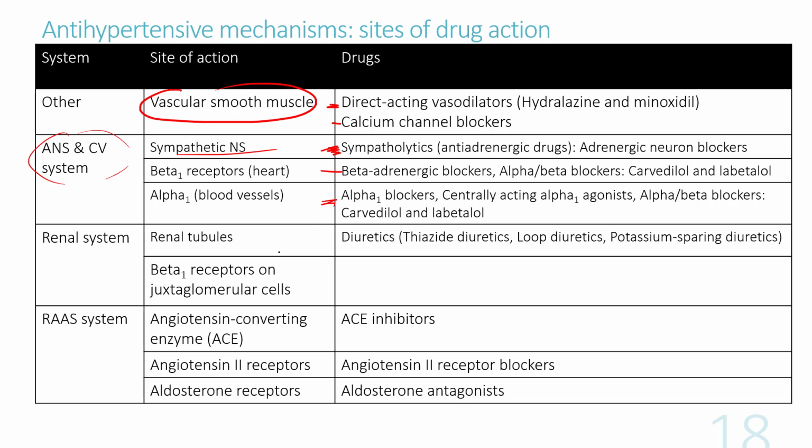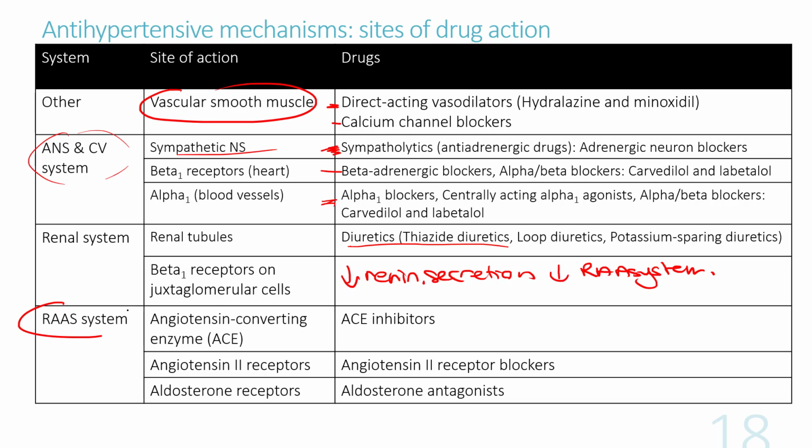In the renal system, you can choose to affect what goes on in the renal tubules with the use of diuretics. On the beta-1 receptors on the glomerular cells, that's the one that is involved in renin secretion. And so if you block that, you decrease renin secretion and you decrease activation of the Renin-Angiotensin-Aldosterone system.